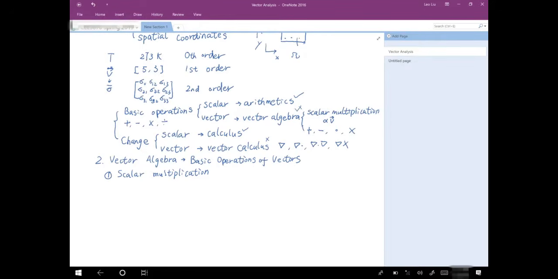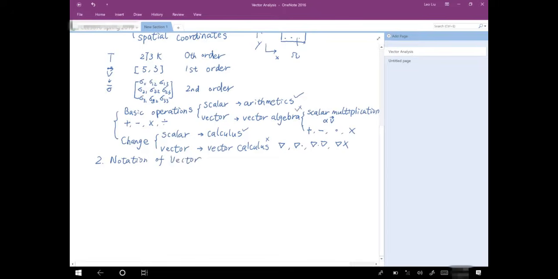Okay, before we move into this, let's do another thing. Apologies. Let's talk about the notation first. Let's talk about the notation of vectors.